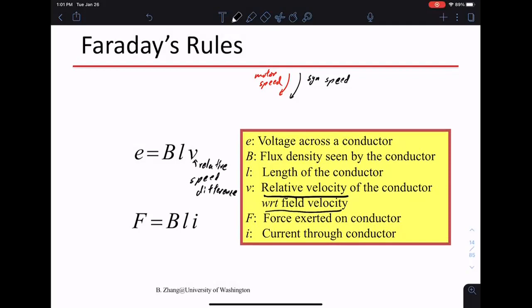Then I can produce a force if there's current through the conductor. There's a relative motion, I create some voltage difference, this leads to a current, and then this moves the conductor. So this is why you need to move relative to the synchronous speed, relative to the field.